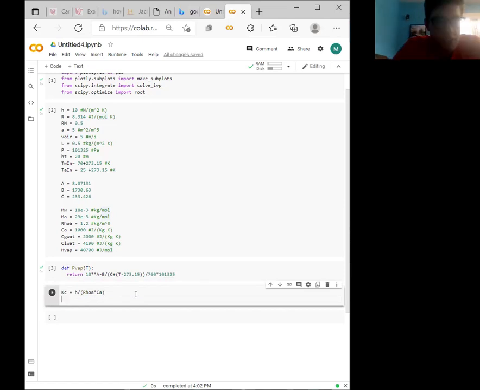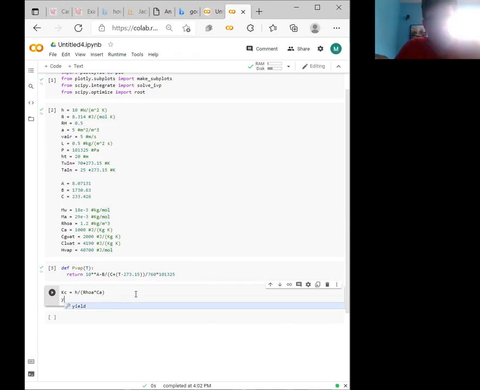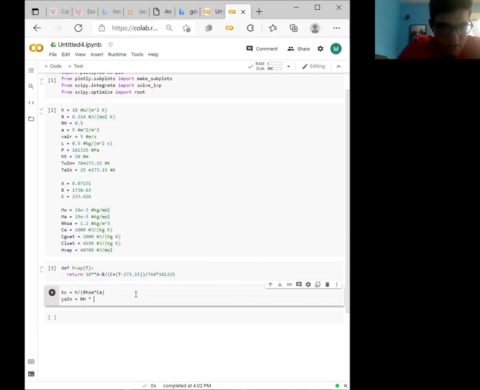And then we're going to use the mole fraction, like the concentration of the air going in. We're going to try to find that, which is equal to the relative humidity multiplied by the vapor pressure, which we just defined.